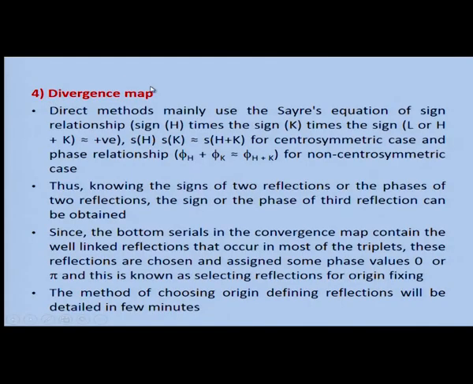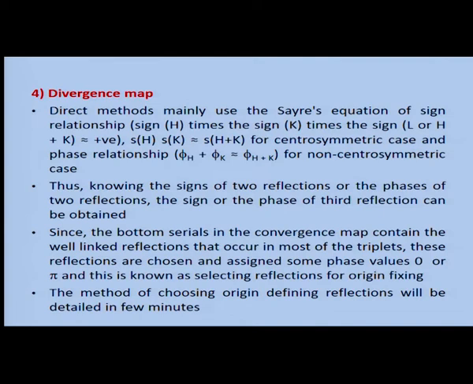You select the bottom reflections and assume the phases to be known. If you know the phases of 2 reflections, the phase of the third reflection can be found. So, these are all the tutorials. One day we are going to do it here, and this is known as divergence.